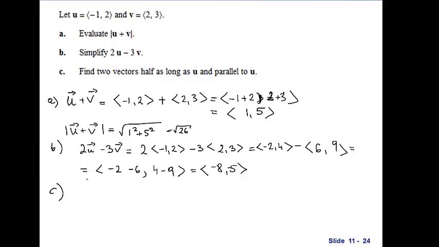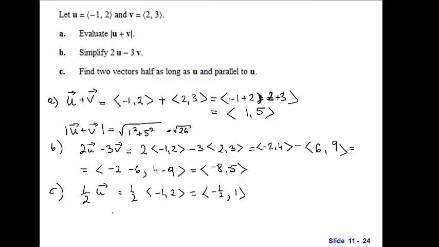And then for C, I need to find two vectors half as long as u and parallel to u. So basically what I have to do is find 1/2 u, which is 1/2 times negative 1, 2, so this is just negative 1/2 and 1.